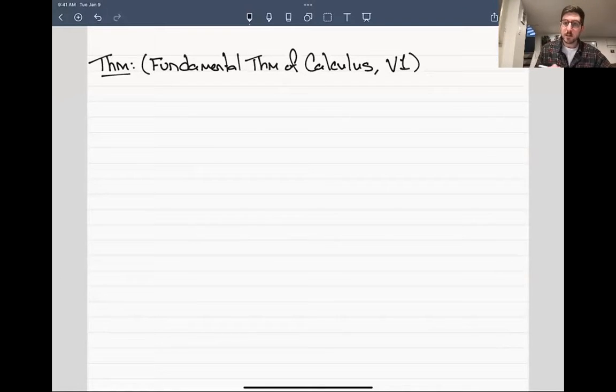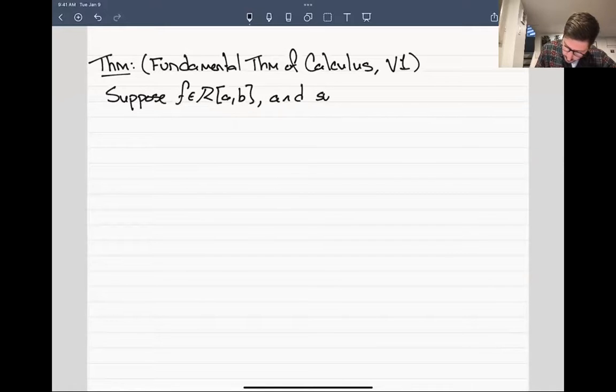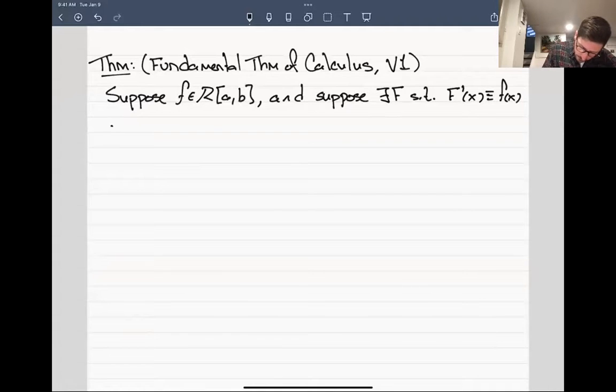This is for definite integral problems. So let's say, suppose we have a Riemann integrable function little f on a closed interval a to b, and suppose that there exists some function capital F such that when you take the derivative of F, this thing is equal to little f everywhere on the interval.